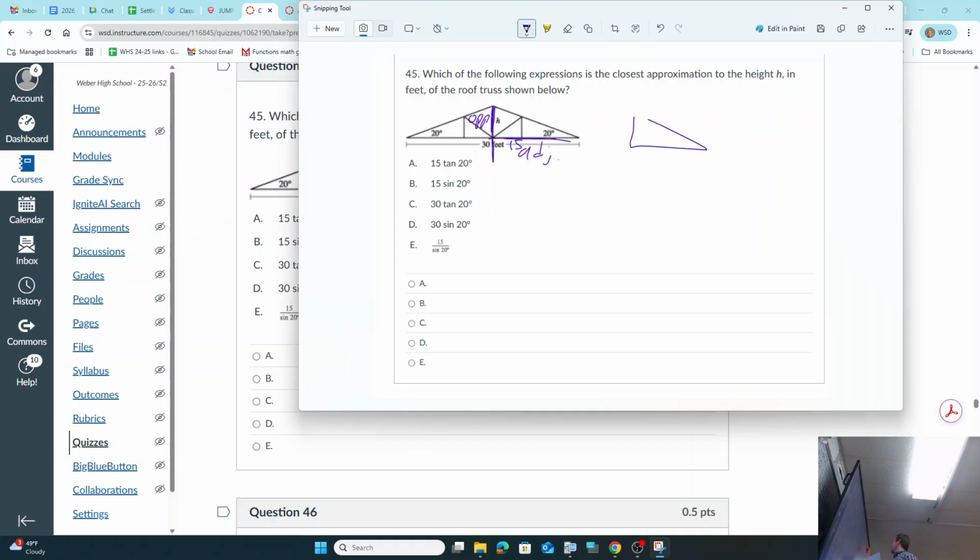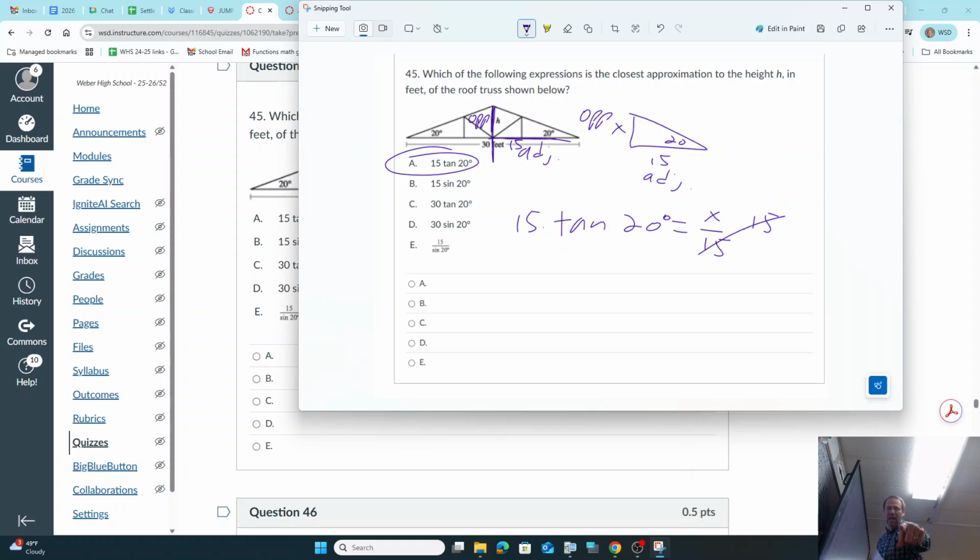So now we have a right triangle with 15, 20 degrees, and then this is x, which is the opposite, right? So that's going to be opposite over adjacent, which is tangent. So tangent 20 degrees is equal to opposite x over adjacent 15. And then we multiply 15 to the other side. There's your answer, which is A.